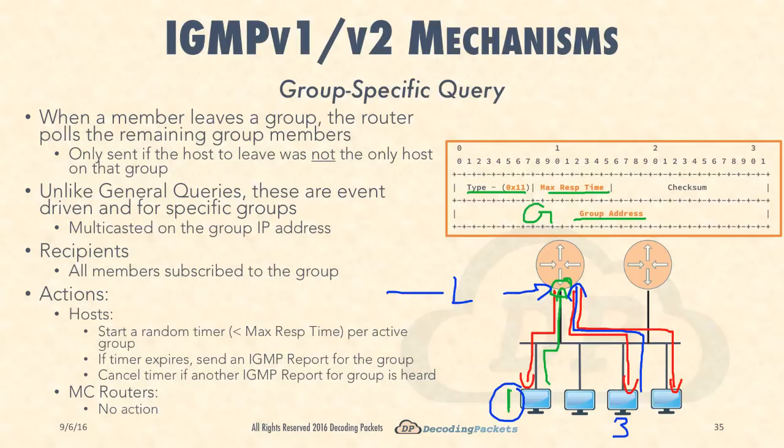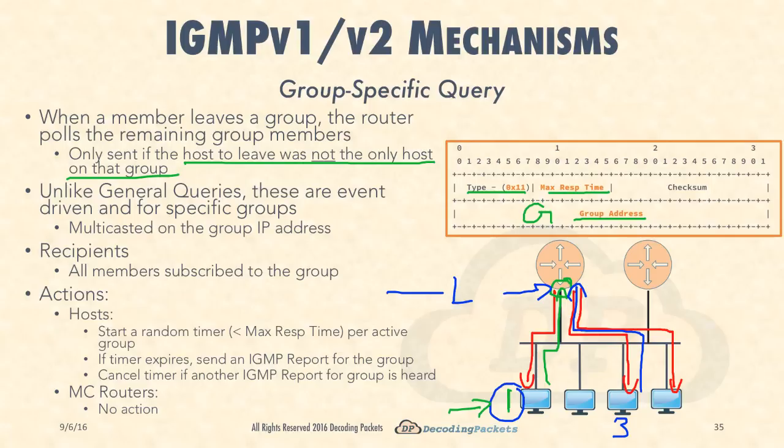So the group-specific query would only be sent if the host to leave is the last reporter, because there's just one host that the router is aware of. So you would only send the group-specific query if 1 left. You would not send that group-specific query for any of the other hosts leaving that group.